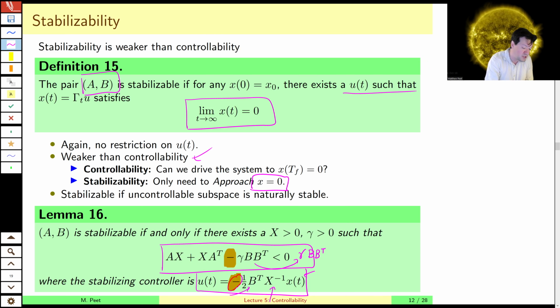Here, we're responding to where we are at the current state. So even if your knowledge of the system is faulty, or you don't know exactly where you are, you can still use this feedback controller, and presumably it's a little bit more robust than that open loop controller. So, feedback controller.